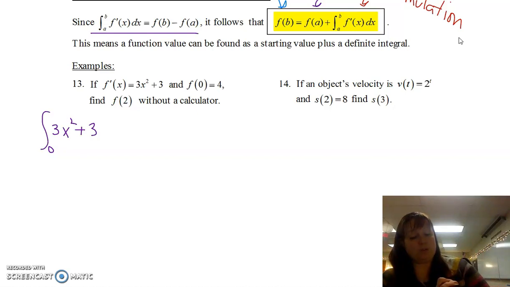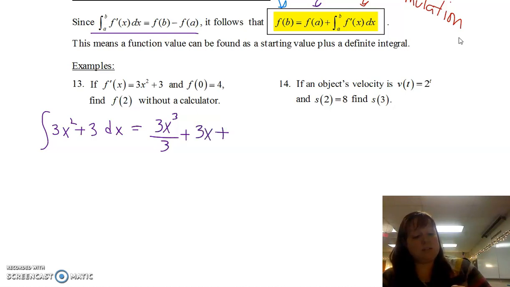We are just going to find the function. So that's dx. What is the function when we integrate this? This is going to be 3x cubed over 3 plus 3x plus c. So that actually equals x cubed plus 3x plus c. That's our actual function.